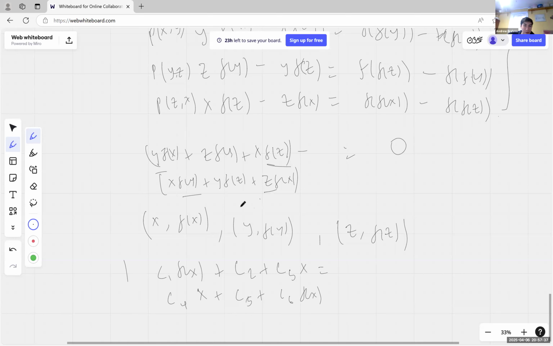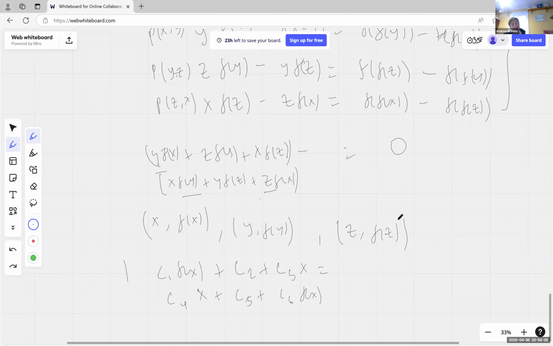Given that f is not a constant function, you can choose y and z such that these constants are going to be different. You actually do also get that f of x is linear. So I think that would also work if you don't want to do this route.